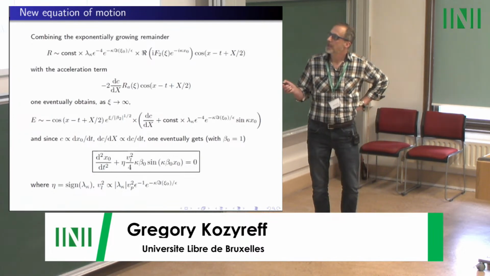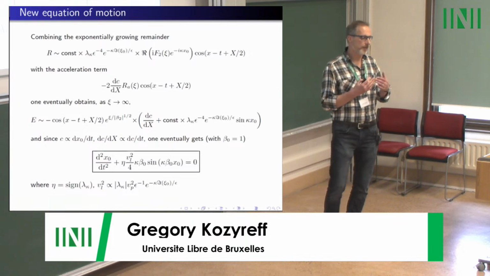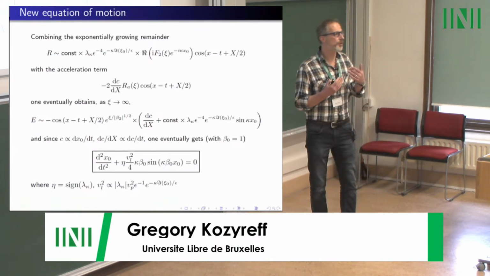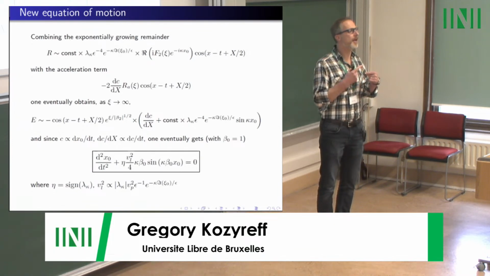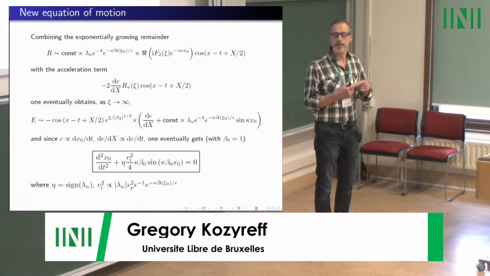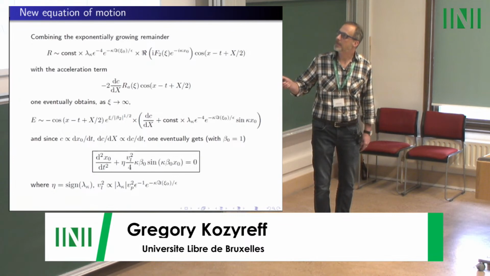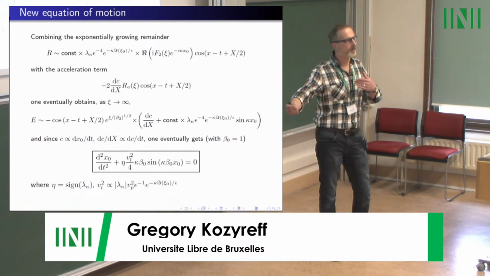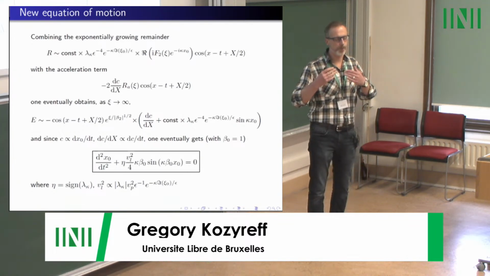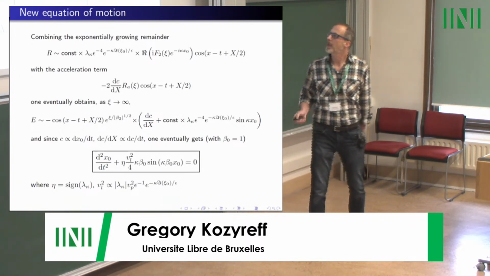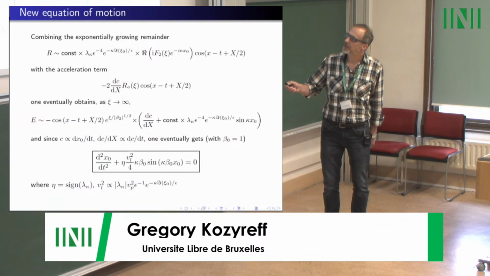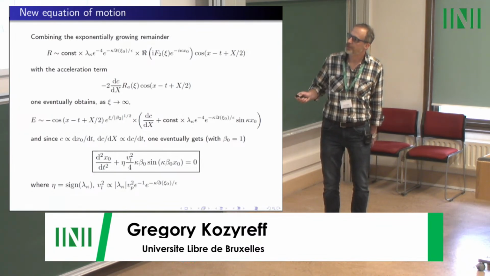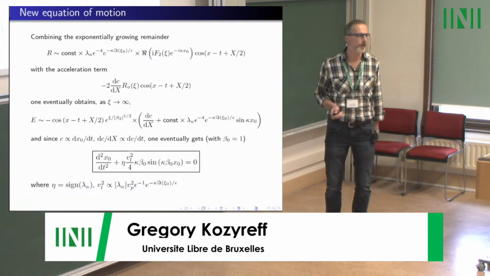So C, as I said, is a velocity in the moving frame, so it's basically proportional to dx0 by dt, and d by dX, where X is a propagation coordinate, is also proportional to d by dt. And so basically here you have an acceleration term that is proportional to d squared x0 by dt squared.